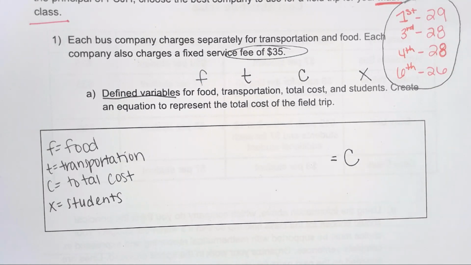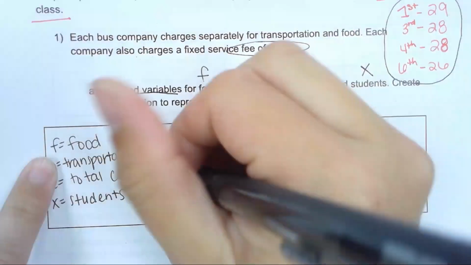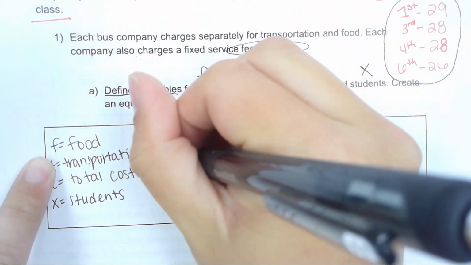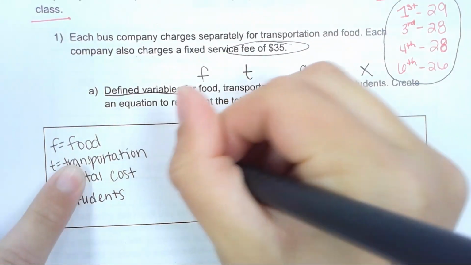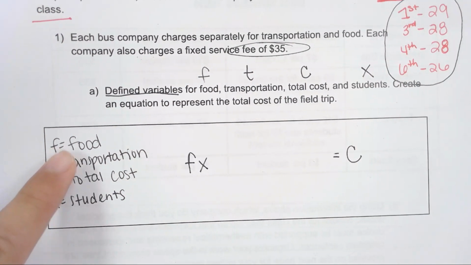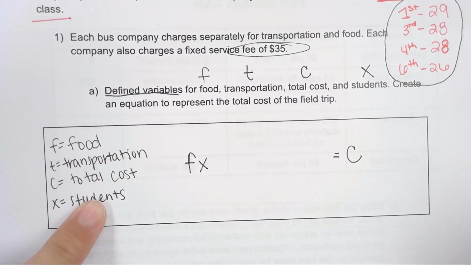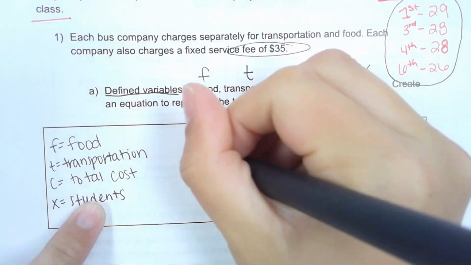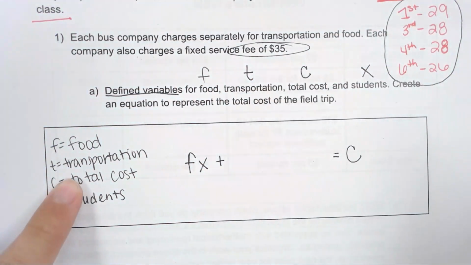So when I go to set up this equation, I'm going to have my food times the number of students. So whatever the cost of the food is times the number of students, plus transportation times the number of students.